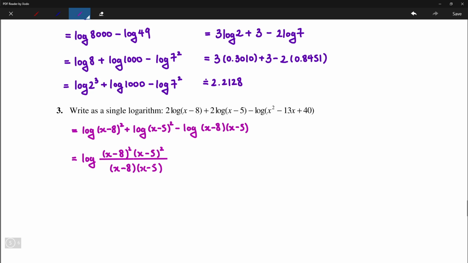And after simplifying everything, we'll get a single logarithm of log (x minus 8)(x minus 5) only. And that is the answer. So we could, of course, multiply the two binomials back together, but that doesn't seem completely necessary. So that's a good answer right here.